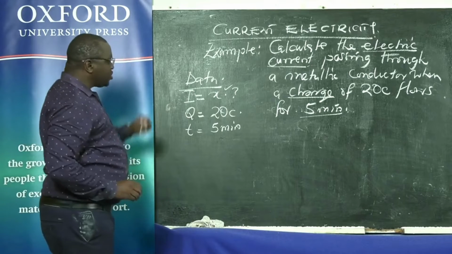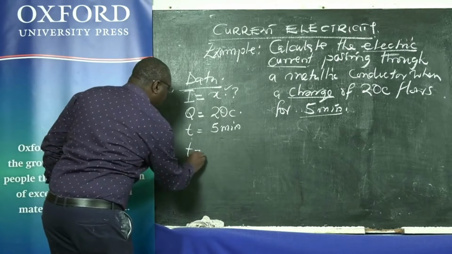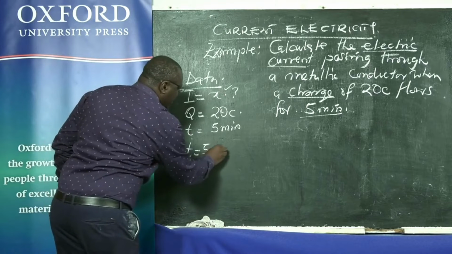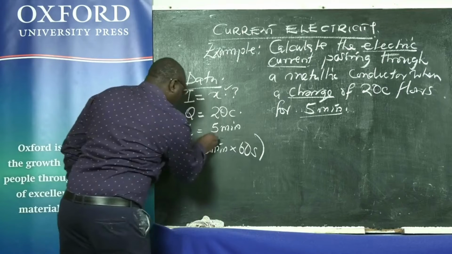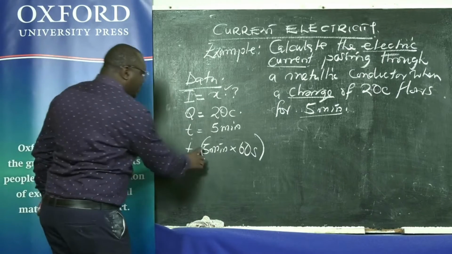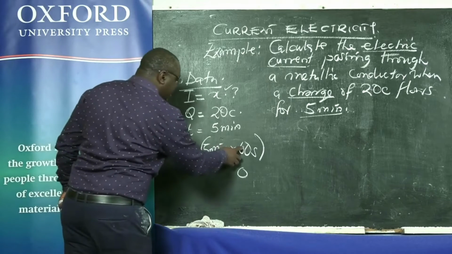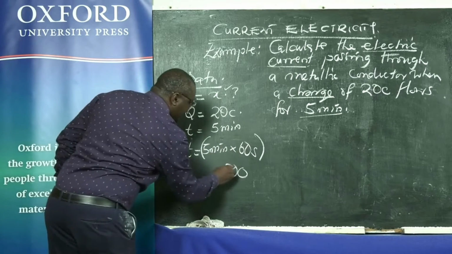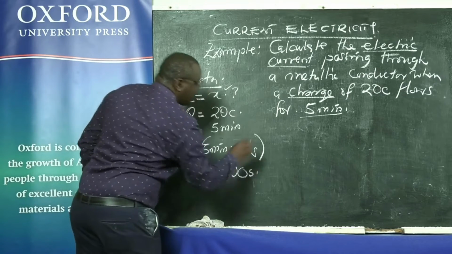So in this case, for time T, T will be 5 minutes multiplied by 60 seconds. When we work out the mathematics, you find that 5 by 0 gives us 0. 5 by 6 gives us 30. So in simple terms, our time is equal to 300 seconds.